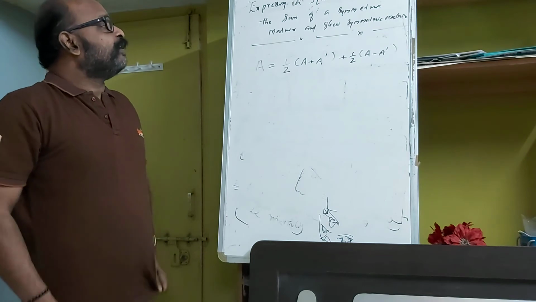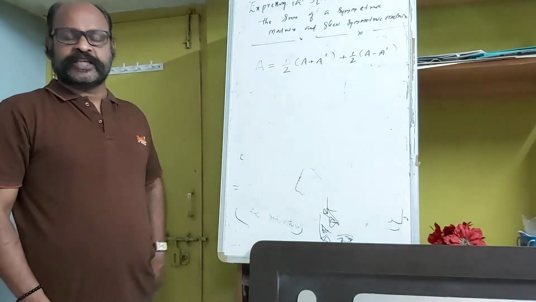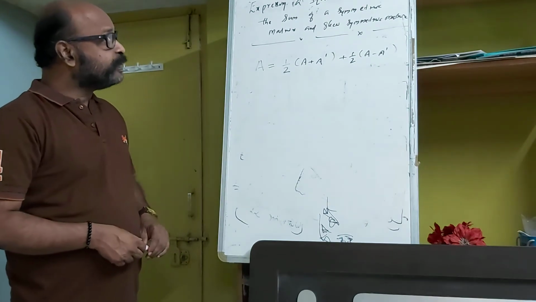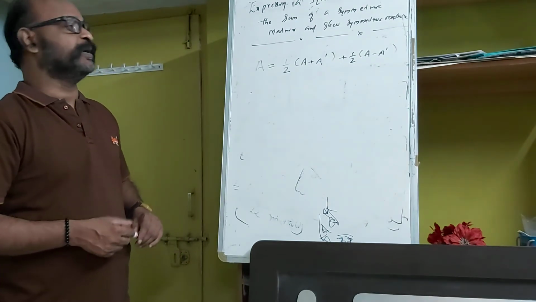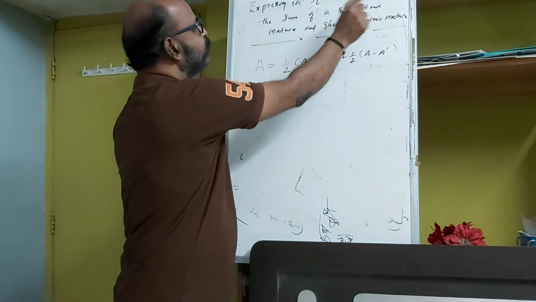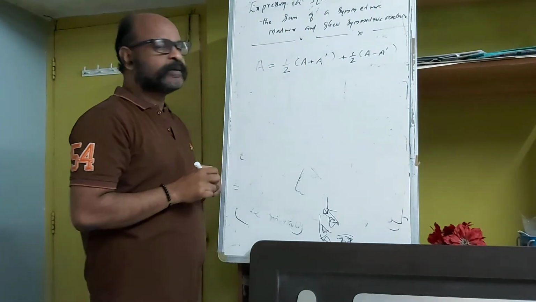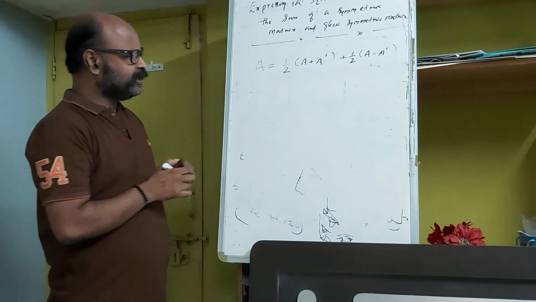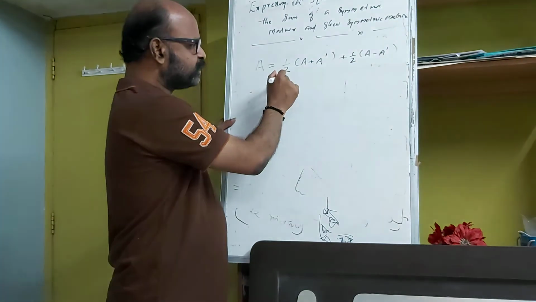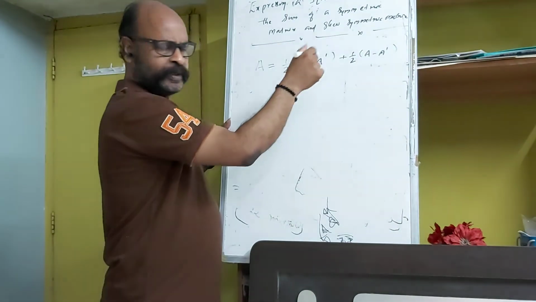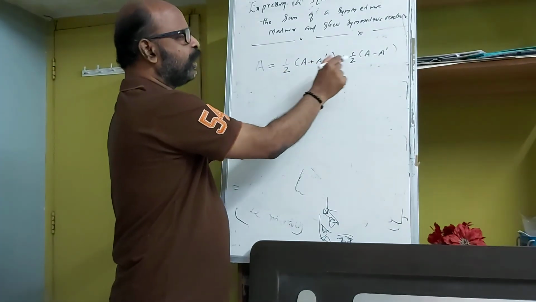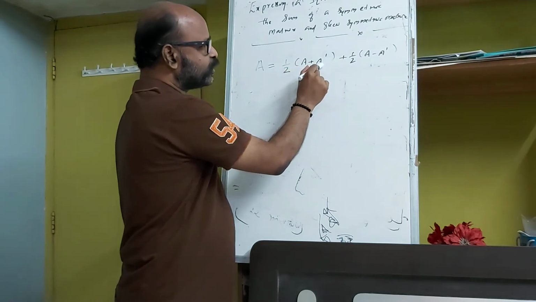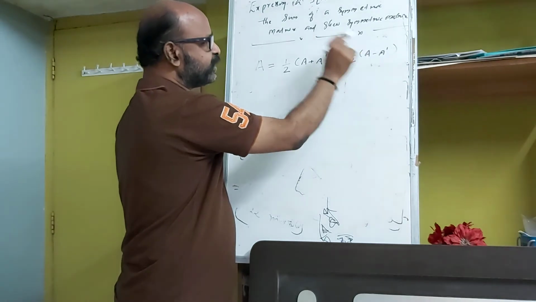Now we discuss how this comes. What we said is how to express A as the sum of a symmetric matrix and a skew symmetric matrix. Look, if we think of the simplification using the properties of matrices, half is common from both: half into (A plus A transpose plus A minus A transpose).